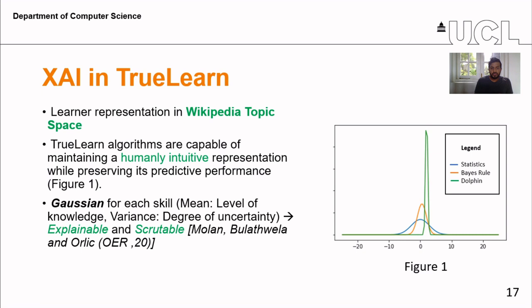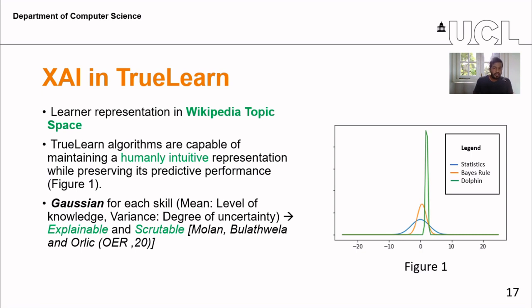So if you are the learner whose representation is presented to you like in this figure, and you know that you know more statistics than dolphin, this representation allows you to scrutinize this model and correct it. So this is another opportunity that this learner representation provides by having this type of model.